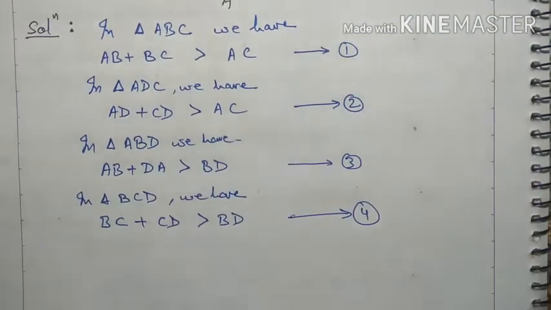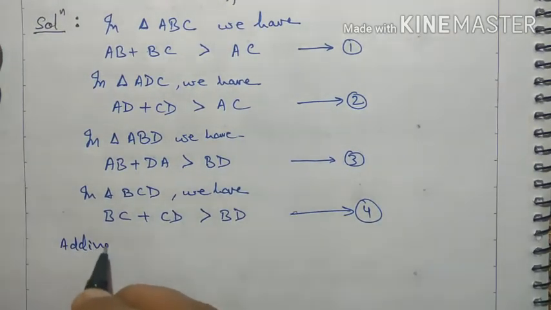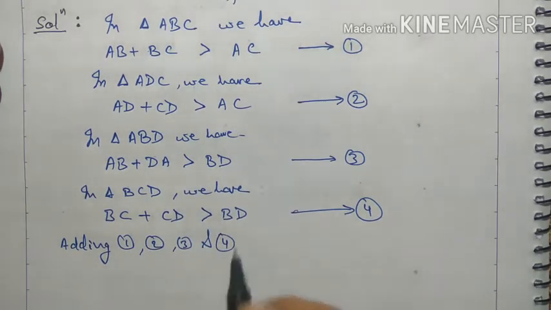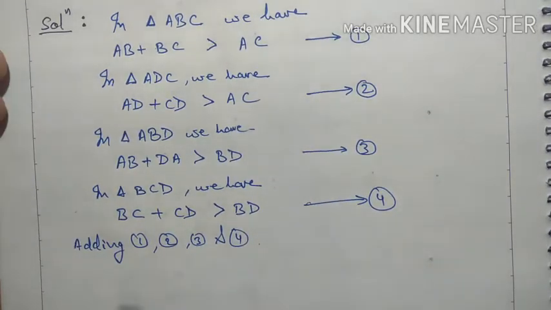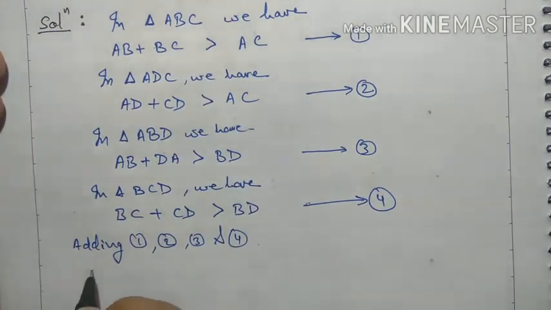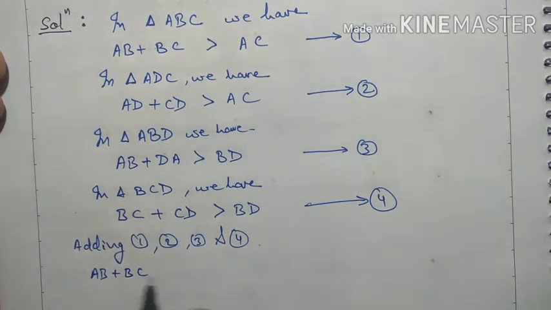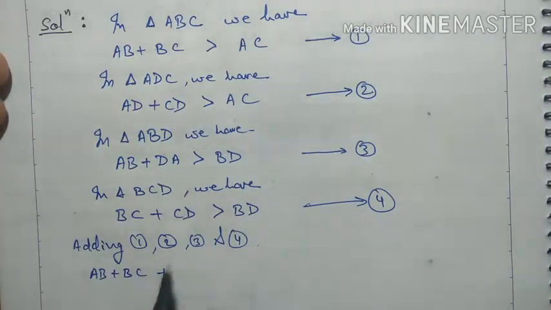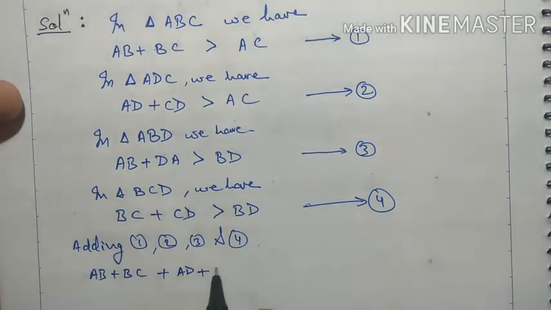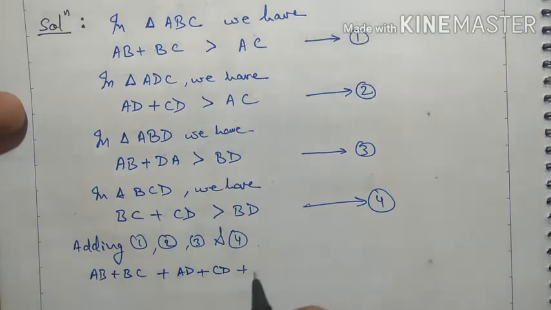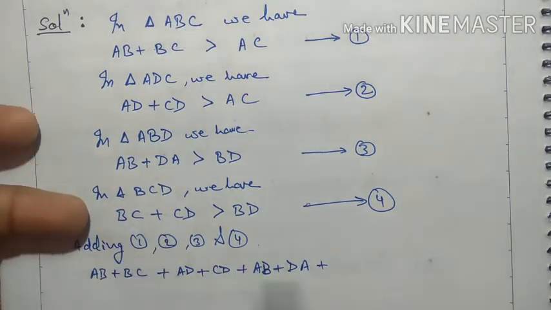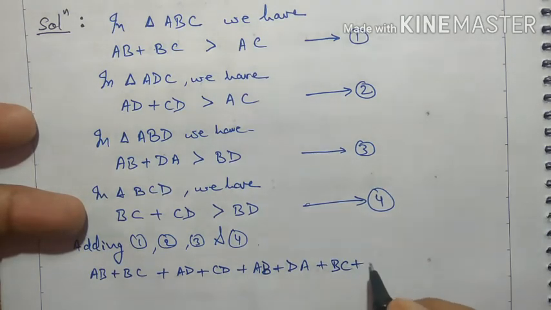So adding all the 4 conditions, AB plus BC, AD plus CD, AB plus DA and the last one BC plus CD, all are added on the LHS.